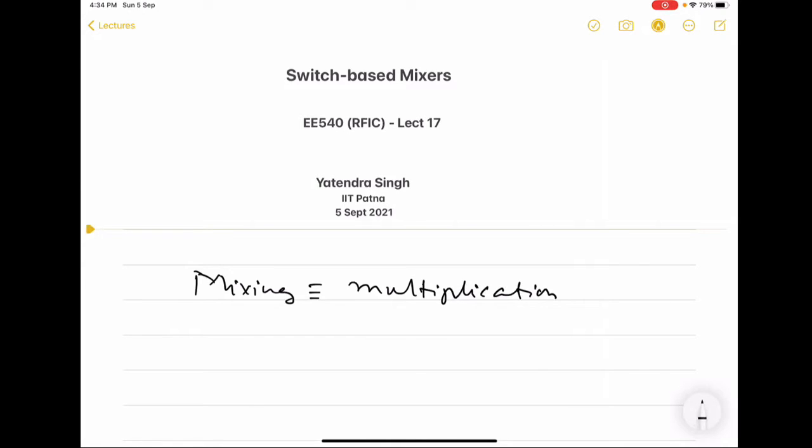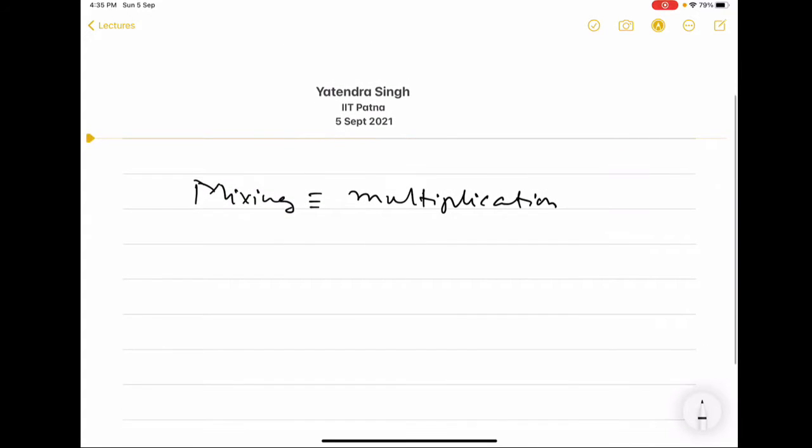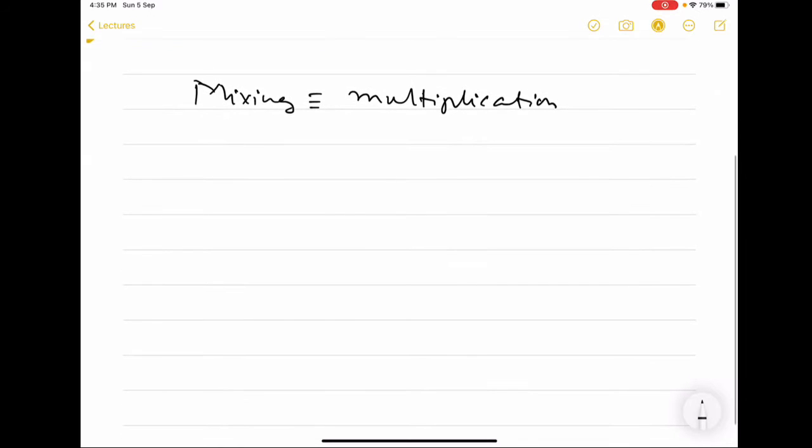If we have any device which is able to ultimately multiply two sinusoids, then it can be used for mixing purpose or as a mixer. So when we are claiming that a switch can also be used as a mixer, that means we are basically saying that a switch can also be used for multiplying two sinusoids.